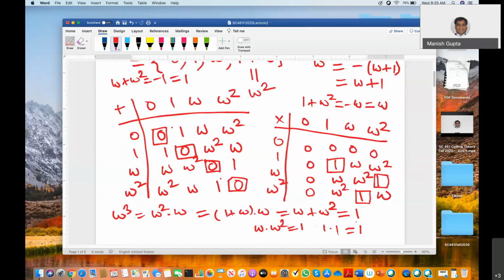So I think first I would like to stop at this point and ask you a question. Any question, any doubt here? Any doubt? Now, actually, you may ask, have you heard of complex cube root of unity?